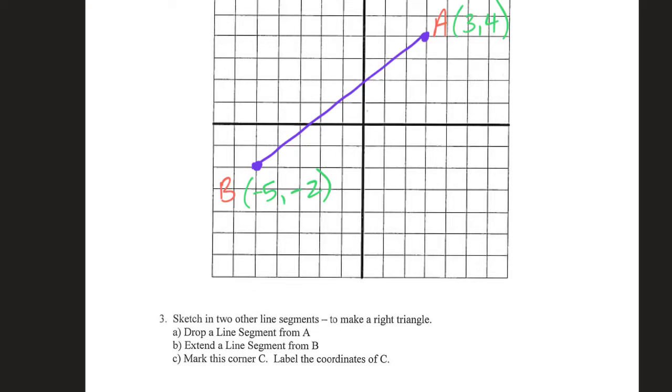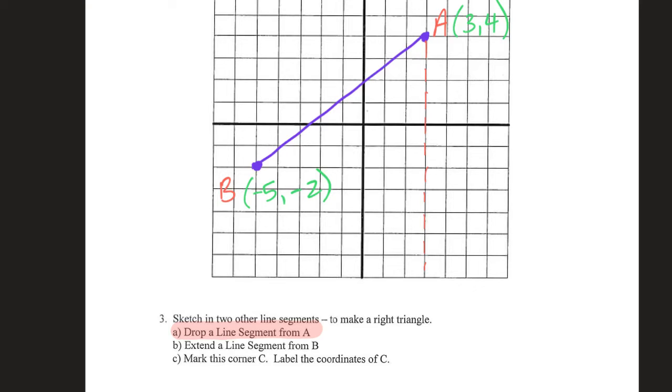So for me to follow that instruction, to drop a line from A, I might drop this line all the way down. Now, I hope we can see that red dotted line, but also that it doesn't have to go down that far.